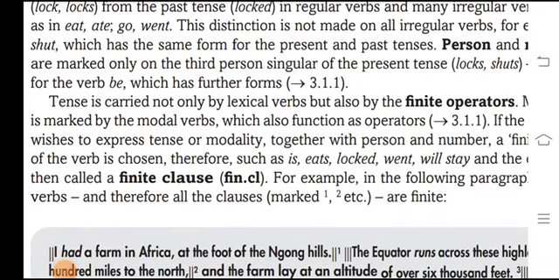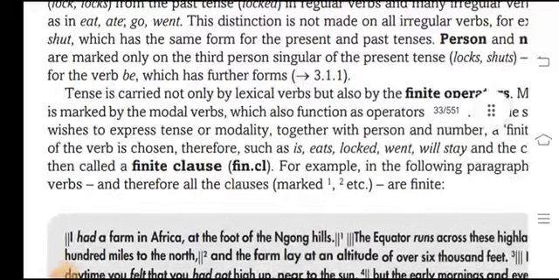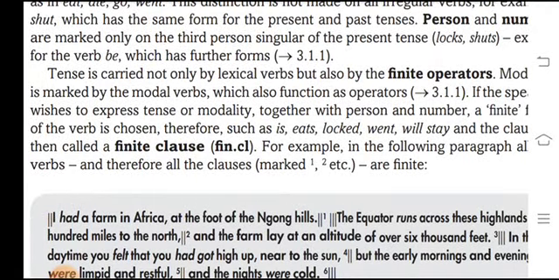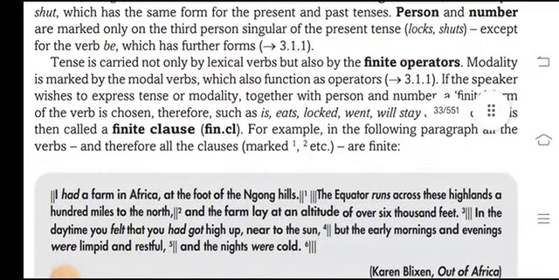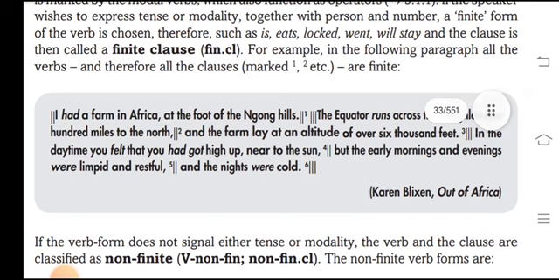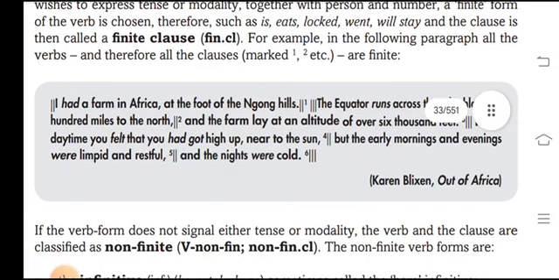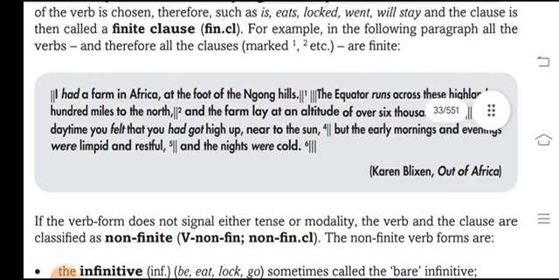Tense is carried not only by the tense of the verb but also by the operators, and many is marked by the modal verbs, which also function as operators, if the speaker wishes to express modality, together with the person and number. Finite forms of the verb are chosen, and therefore such as is, it, logged, want, will, stay, the clause is then called either a finite clause.